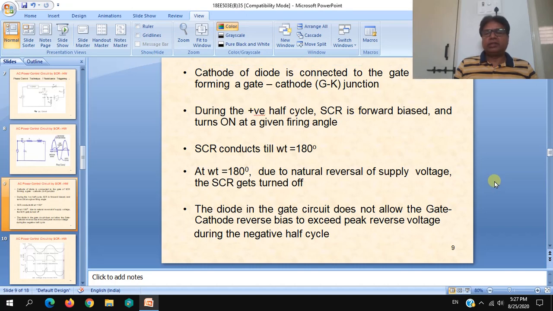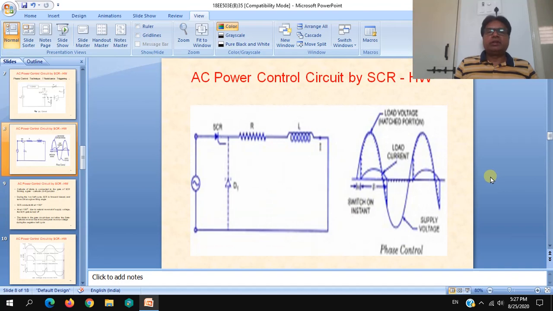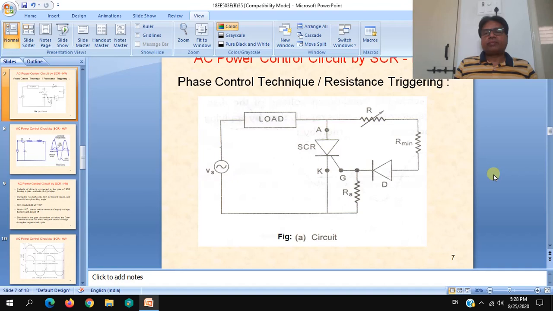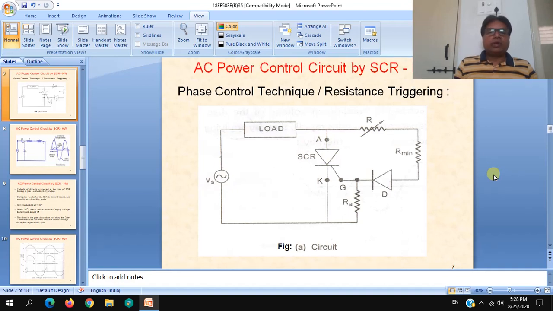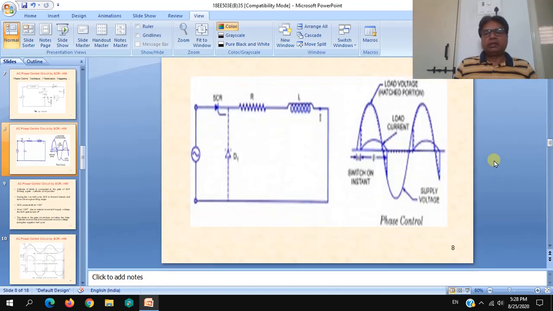Otherwise, it will get totally damaged. So this is the working of power control circuits using an SCR, where control is employed in only one half cycle, and the same phase control technique or resistance triggering method is used for firing angle control.